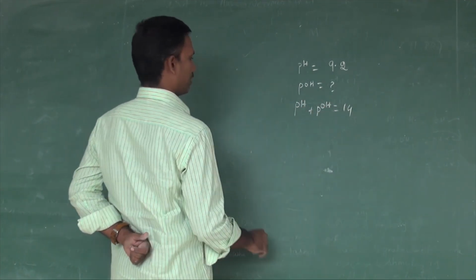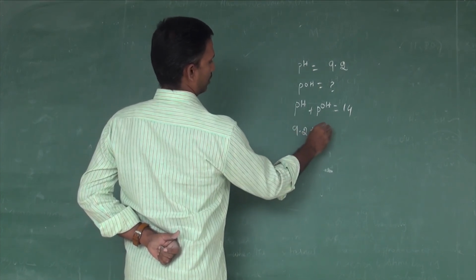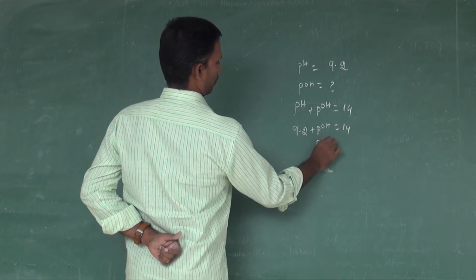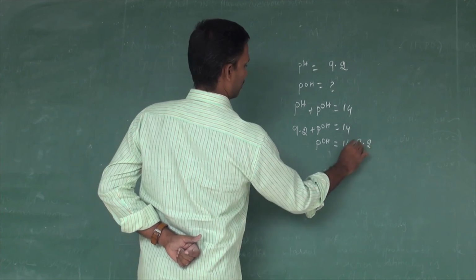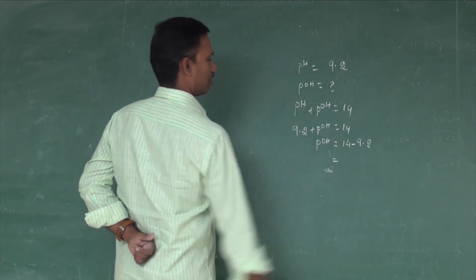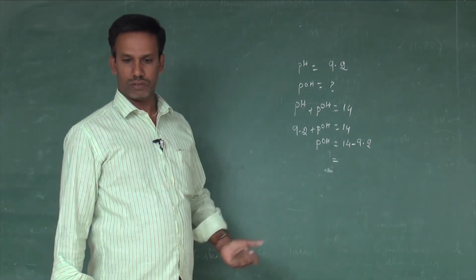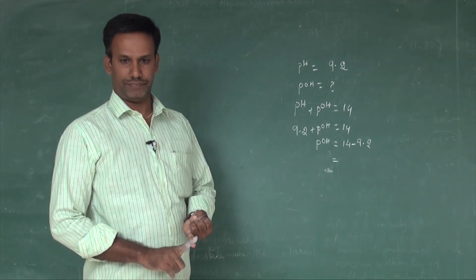This is the formula we need to use. pH is given as 9.2, so 9.2 plus pOH equal to 14, then pOH equal to 14 minus 9.2. That is how you find the answer. This is where you calculate all those pH problems. pH problems are also very important.